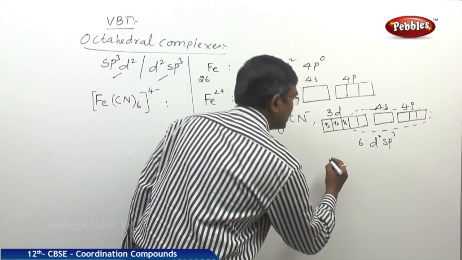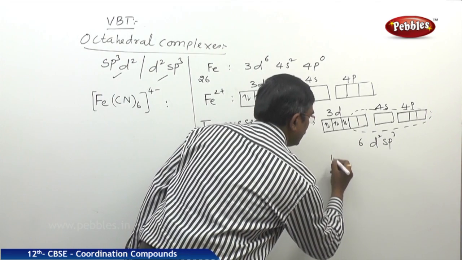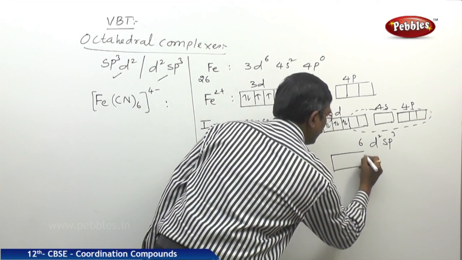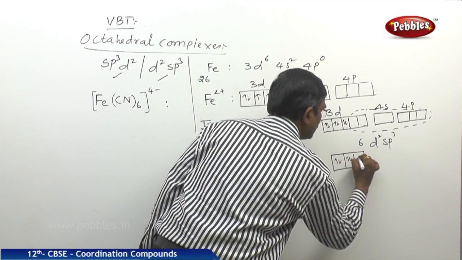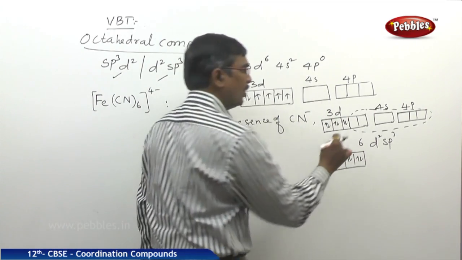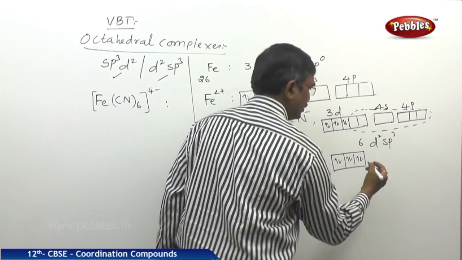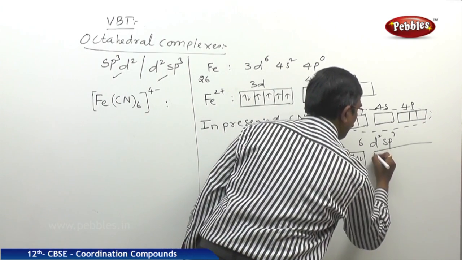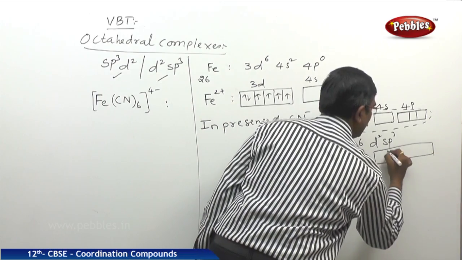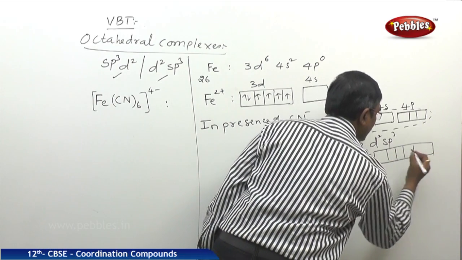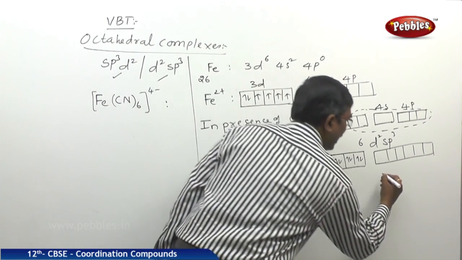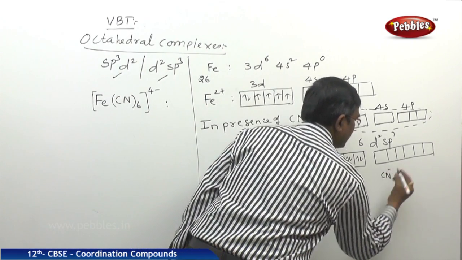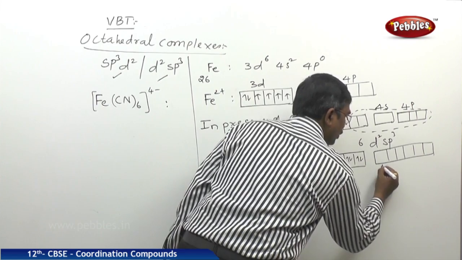So we can see the same thing like this. This is 3d. These 3 are completely paired with electrons, and here we have 1, 2, 3, 4, 5, 6. These will form the corresponding sp3d2 orbitals. So every CN minus, as discussed in the previous case, is able to give 1 electron pair.